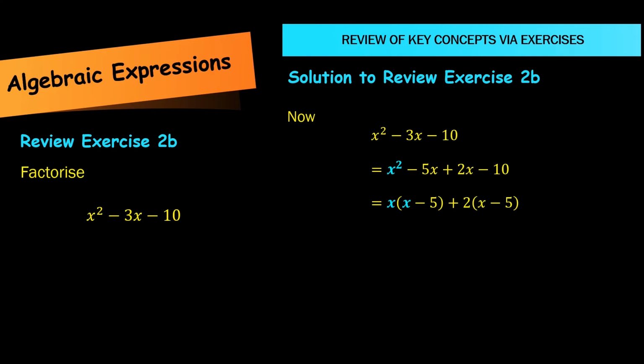So we can factorise as shown. And as you can see, the two lines are equivalent. x minus 5 has been taken out as a common factor, and x plus 2 is the other factor. And so we have factorised our quadratic.